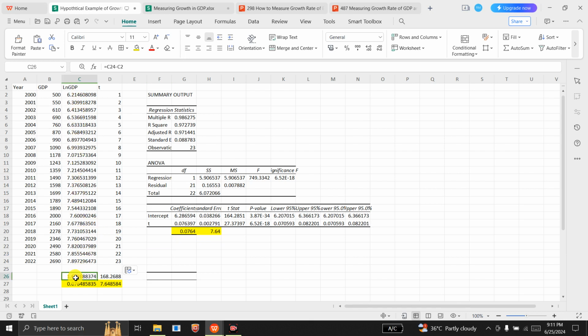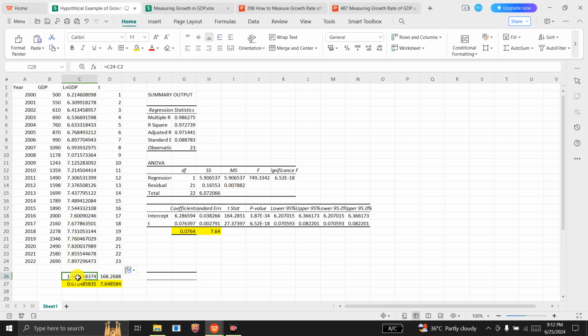So here is the formula for log difference, and what I do is subtract this initial value of log for the year 2000 from this value. As you see, this is C24 minus C2. C2 is this, and C24 is this. When I press enter, I get this value.